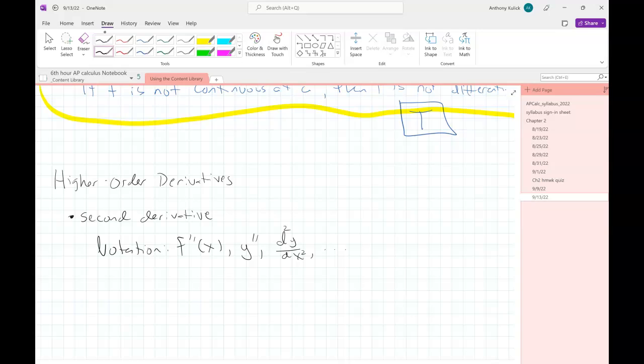So we can use all the same notations. We're just going to update and use two primes or use a squared or something. Okay. So let's say... Why would you do that? We'll talk in just a second about a situation where taking the repeated derivative tells you a lot of information about the actual real world situation.